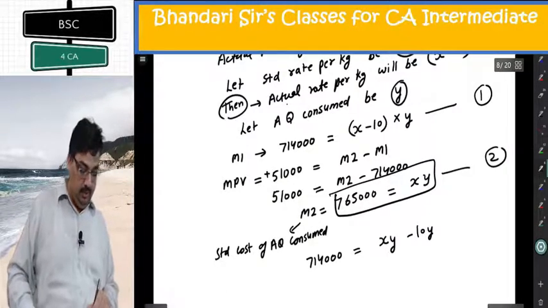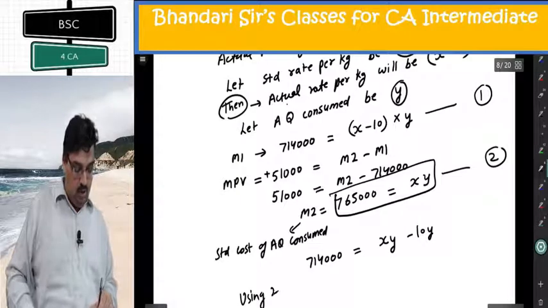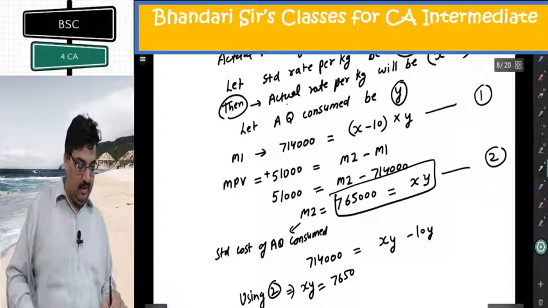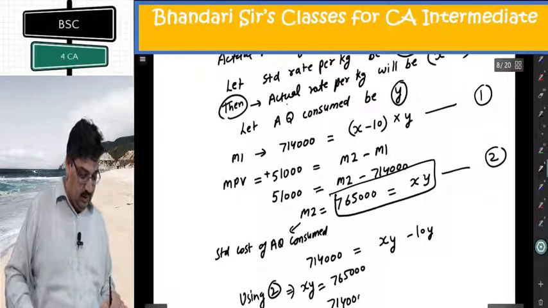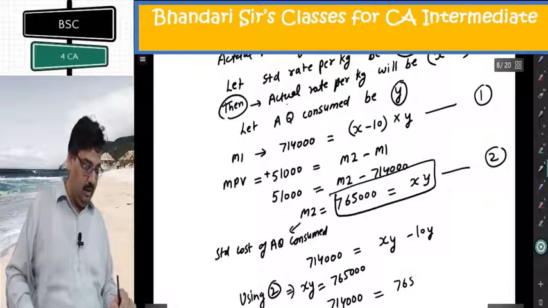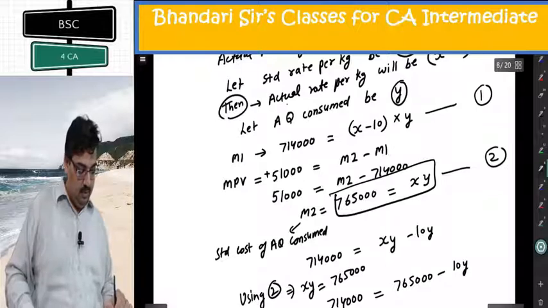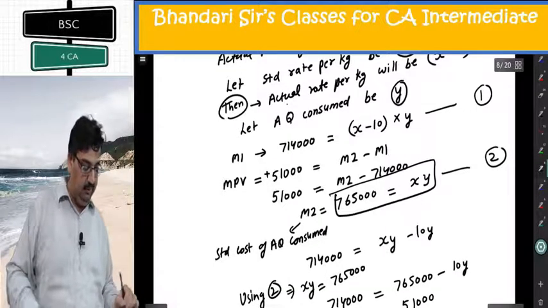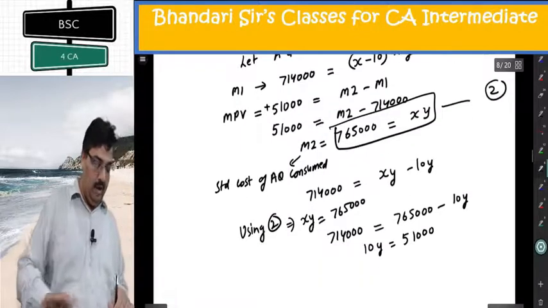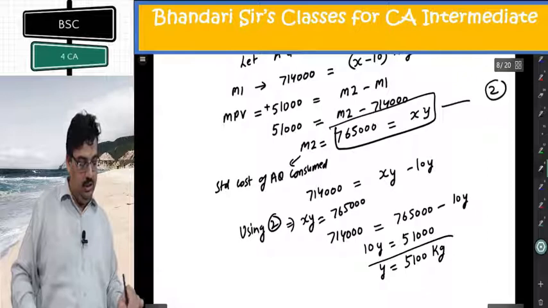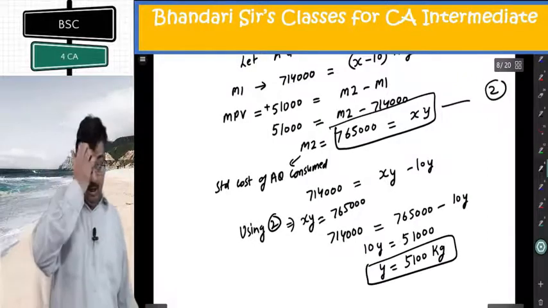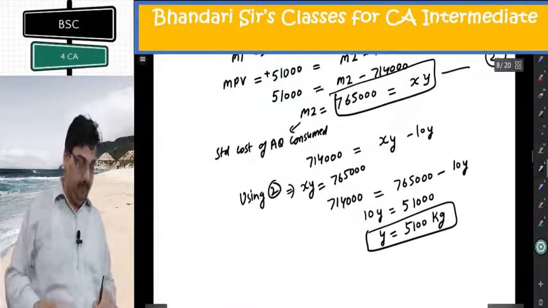I can substitute here using 2. XY is 7,65,000. So what I get? 7,14,000 equals 7,65,000 minus 10Y. 10Y is 51,000. Hence Y is 5,100 kg.